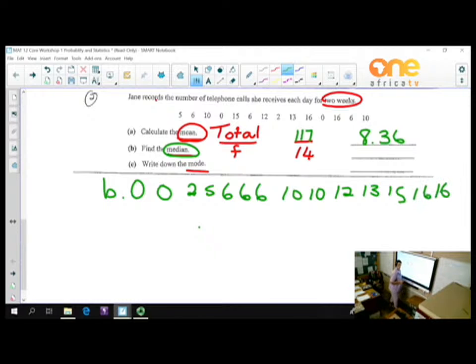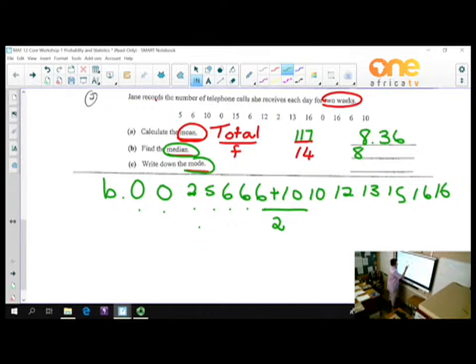We have 14 numbers here, so the middle, the median, will be at 7, half of 14. So 1, 2, 3, 4, 5, 6, 7. So it will now be between position 7 and 8. Then we add the 2 and divide it by 2 to find the one in the middle. So that one's answer is 8.